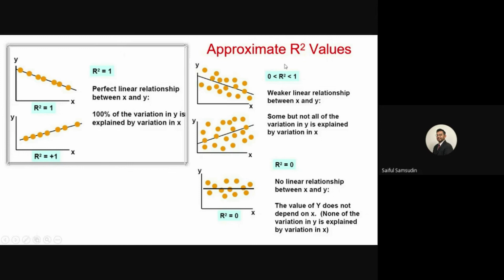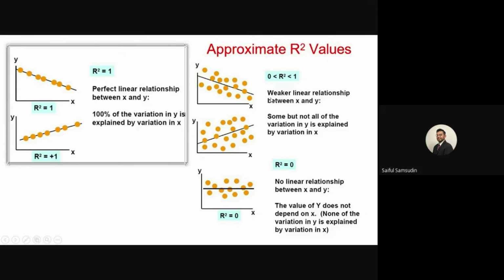Okay, so when R square is between 0 and 1, less than 1, there is a weaker linear relationship between X and Y. So we can see in the scatter plot here, the tabulation of the data, some but not all of the variation in Y is explained by variation in X, right?